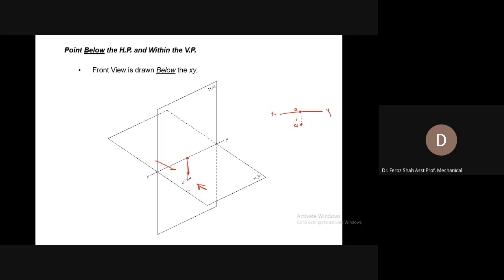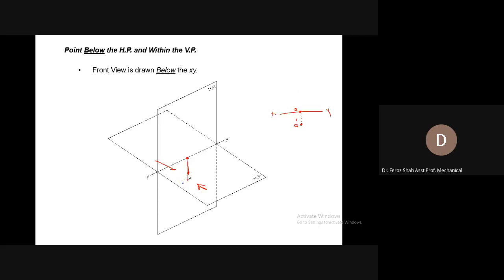So, if the point is below the horizontal plane, its front view is coming below the XY reference line. And as the point is within the vertical plane, its top view is coming within the XY reference line. So, this is the case when the point is lying at the boundary of the third and the fourth quadrant.